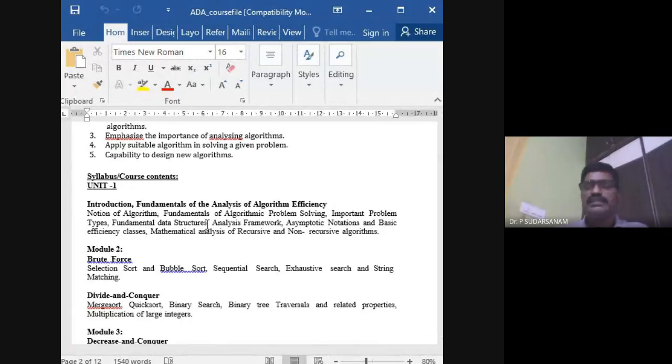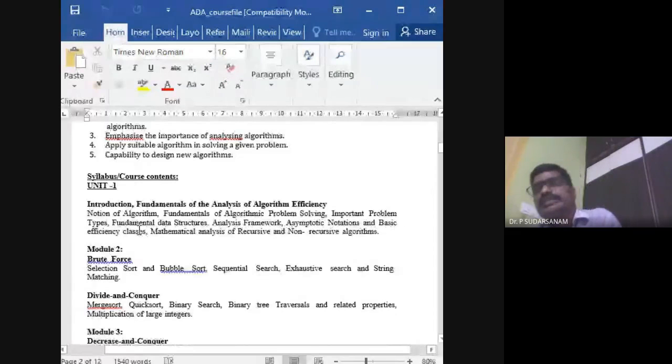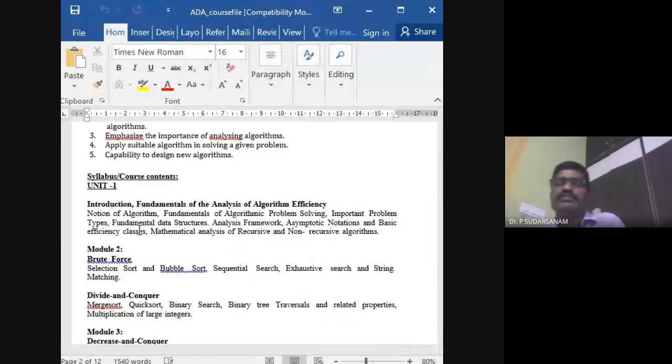I have told you the mathematical efficiency calculations also: when you take theta of n, theta of n square, theta of n cubed. When you take log n and so on, I'll tell you from the next unit onwards. Basics is nothing but efficiencies of the algorithms. Then mathematical analysis of recursive problems and non-recursive problems.